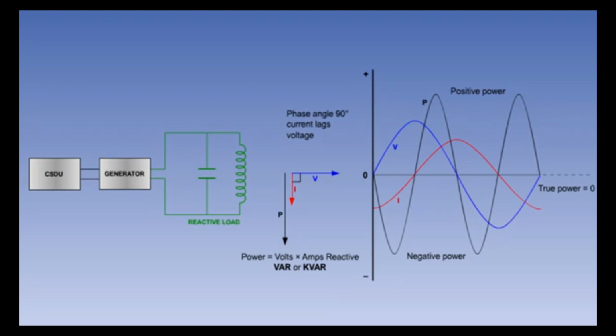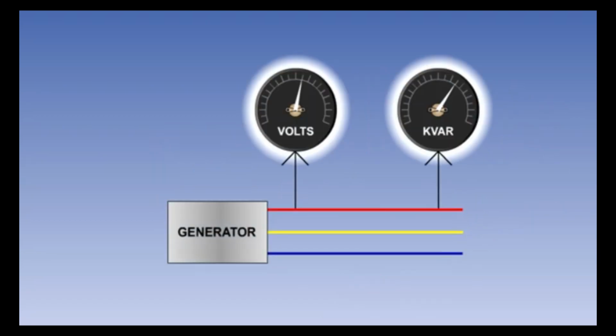You will recall that reactive power, or the reactive load, is a product of the vector sum of inductive and capacitive currents, which are 90 degrees out of phase with the voltage, and voltage, expressed in kilovolt amperes reactive. A generator's reactive load is therefore directly proportional to its output voltage.